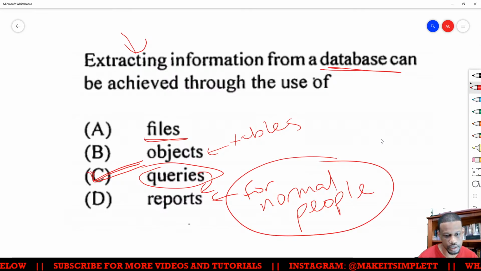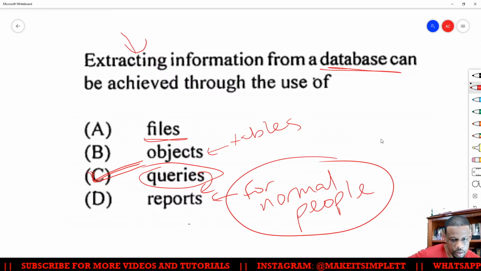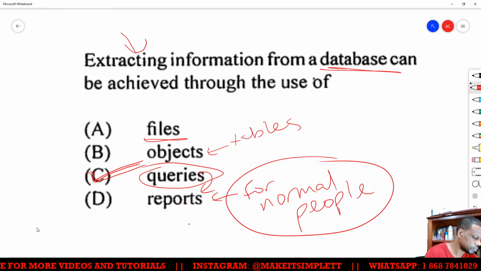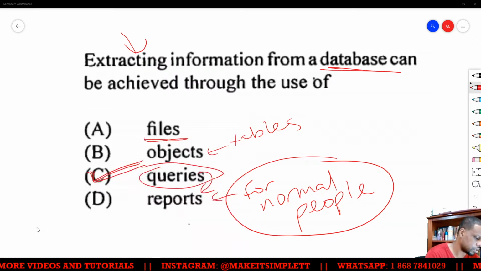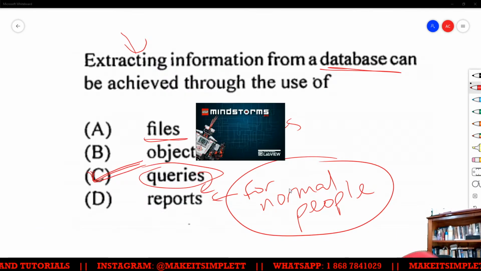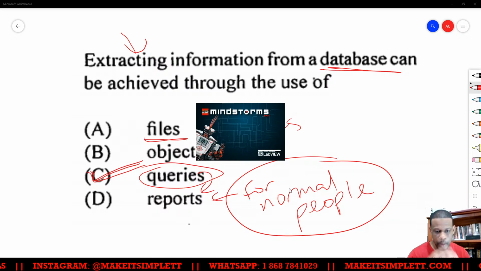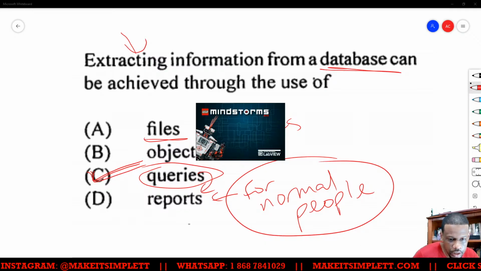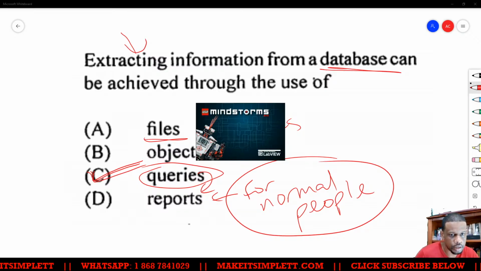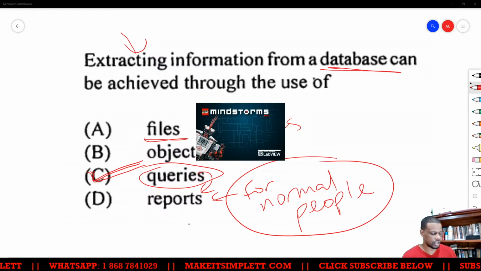That's what you'll give to the people, normal people. So yeah, queries extract based on criteria. Right, so that is it for me tonight with all the multiple choice.